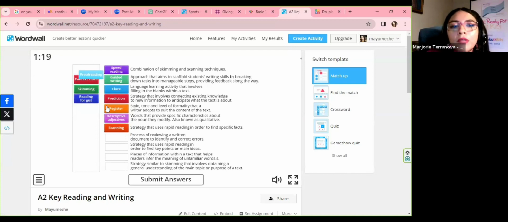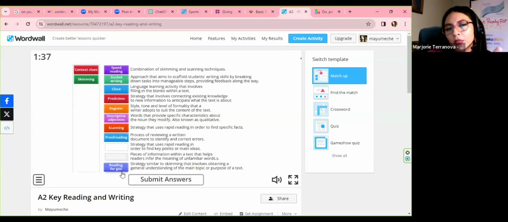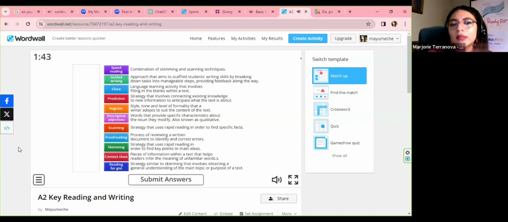That's proofreading. A strategy that uses rapid reading in order to find key points or main idea. Well, I'm confused. Is it reading for gist or skimming? Well, they are kind of similar, right? But I know that in the last one I saw a strategy similar to skimming. So definitely if it's similar to skimming, that is not going to be skimming. That's how I figure it out. And finally, by default, I know that this one is context clues.